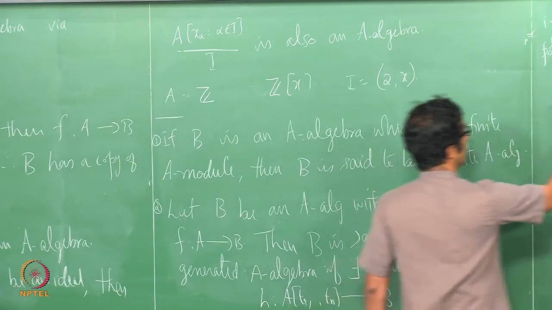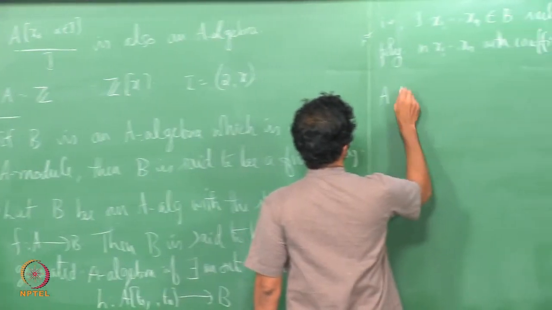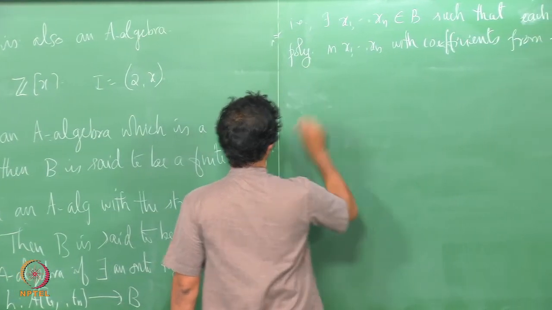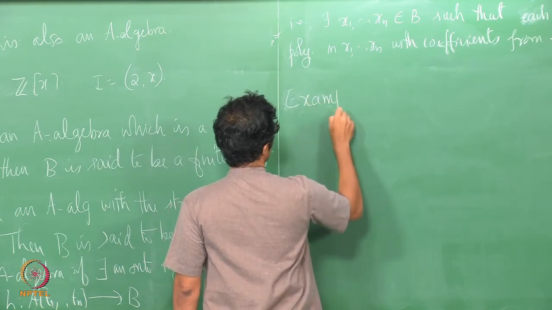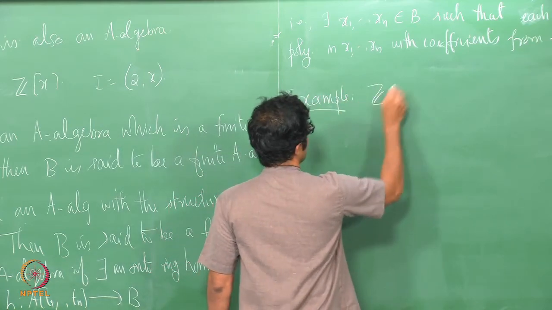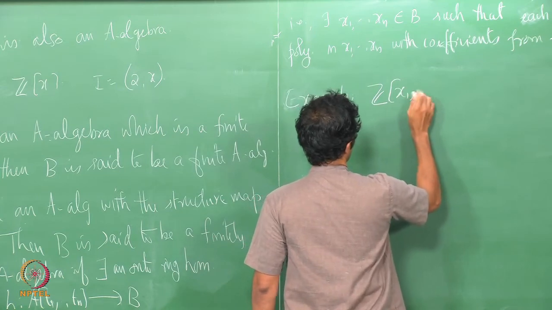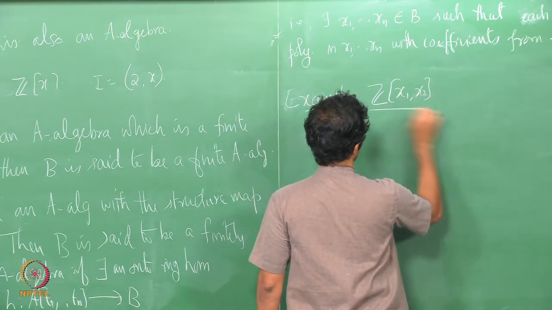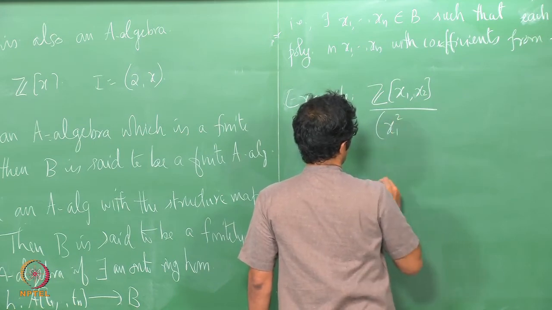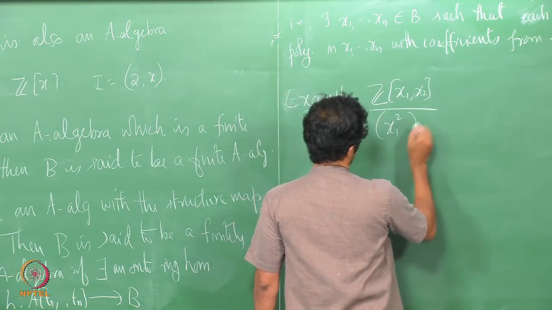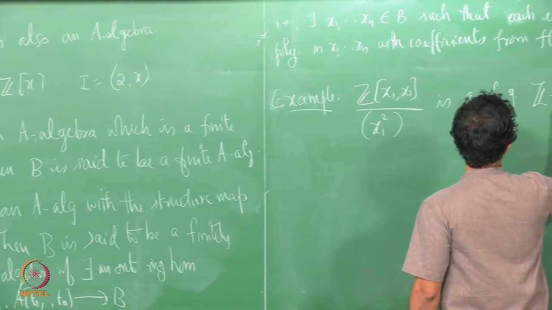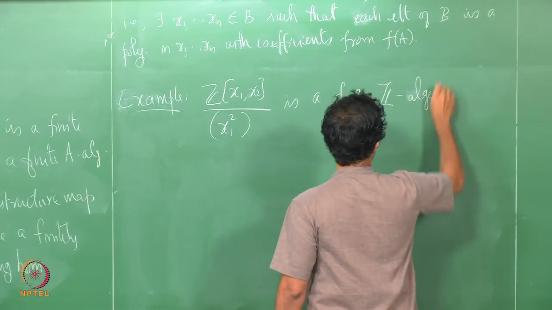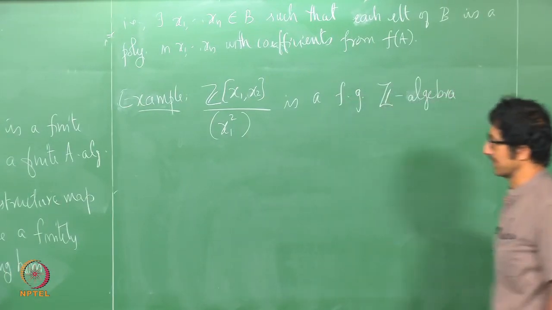So for example, Z[x1, x2] modulo x1 square, this is a finitely generated Z algebra.